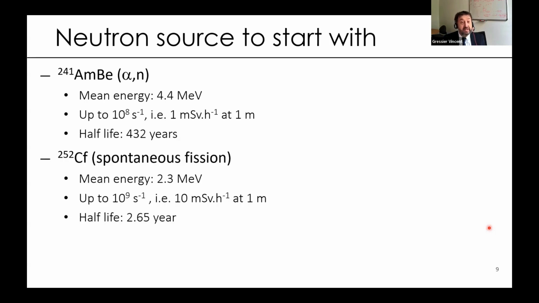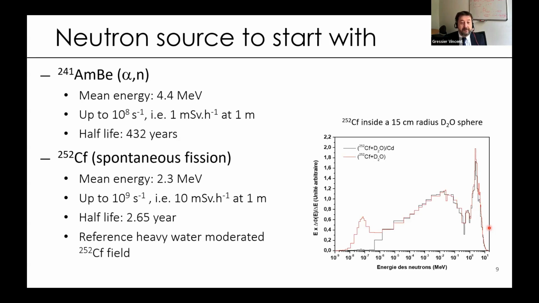And for the californium, which is a spontaneous fission process, the mean energy is about two times lower. But you can have up to 10 to the 9 in terms of emission rate, meaning 10 millisievert per hour at 1 meter. But the half-life is far shorter.